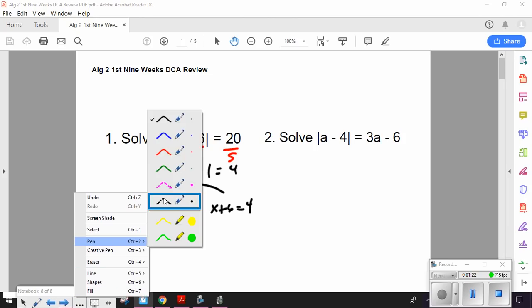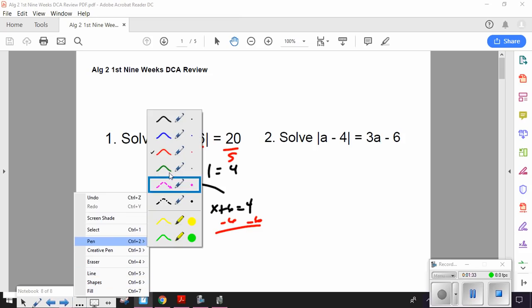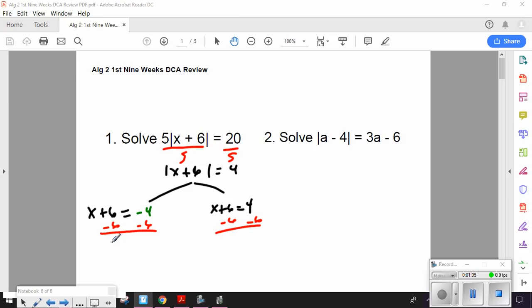So in both equations, I'm going to subtract 6 on both sides. On the first one, x is equal to negative 10. On the second one, x is equal to negative 2. And then check your solutions with the original problem.